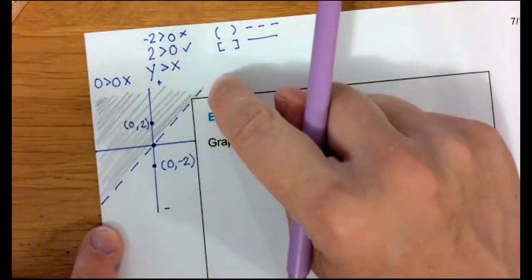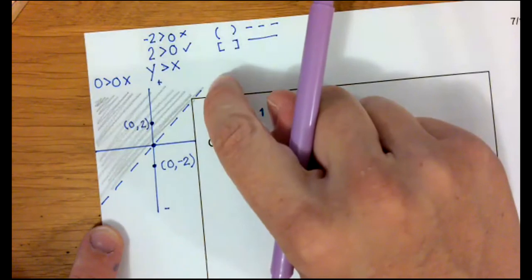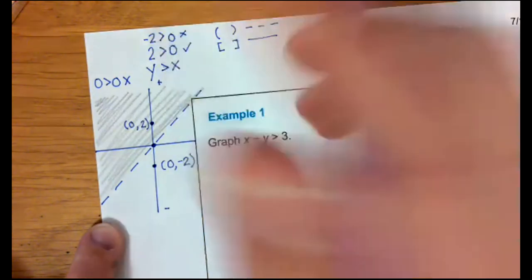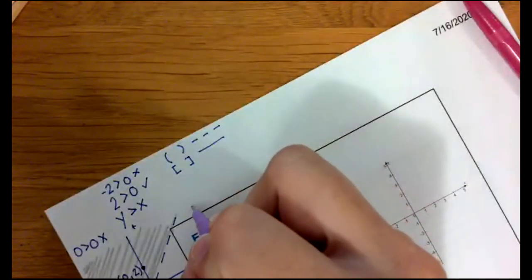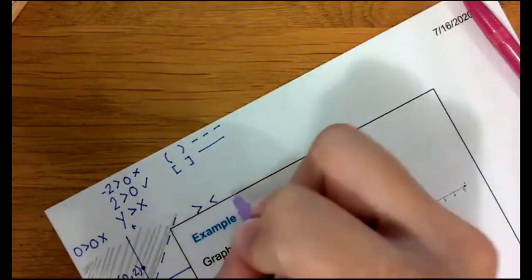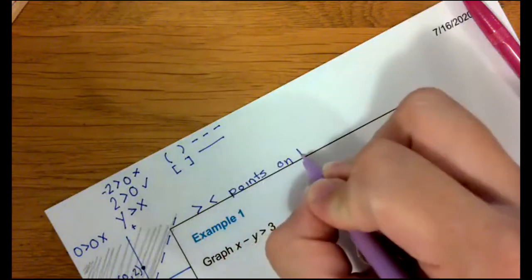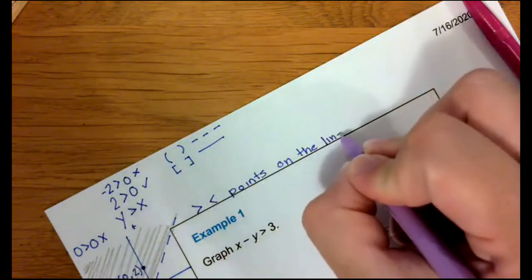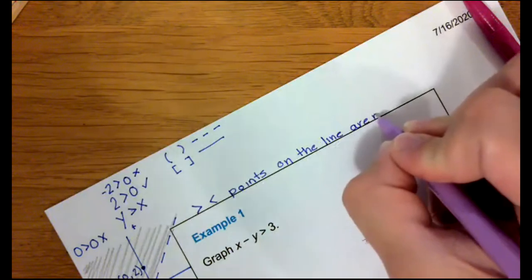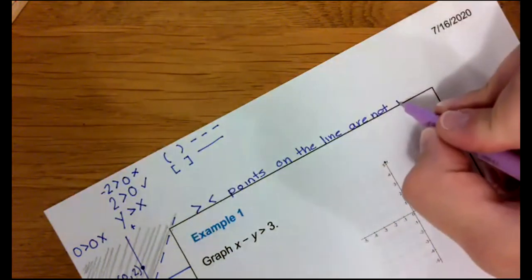Okay, so the line is dotted because that is not a part of the solution. The points on the line are not included in the solution for this symbol.